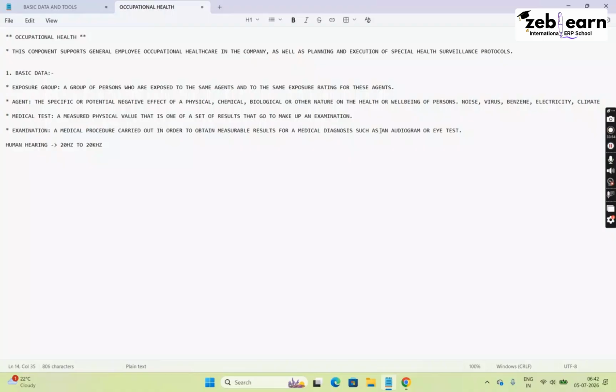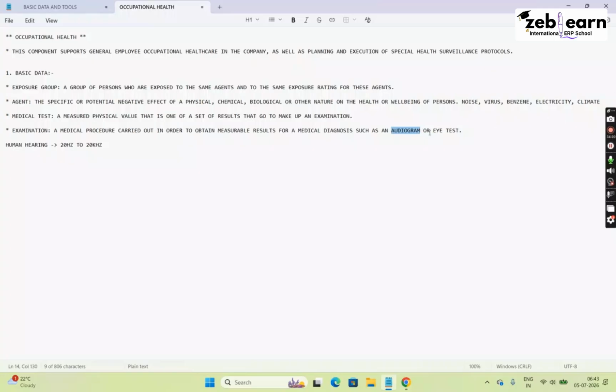Because in each of these examples, they are going to do multiple tests. So if I send an employee for an audiogram test, do you think they will only plot the graph and send him back? No. They will also physically check his ears. Okay? And they are going to do several other tests, apart from taking the frequency.